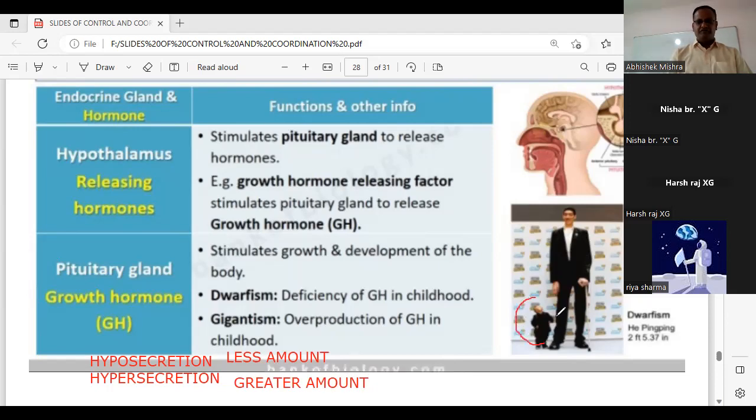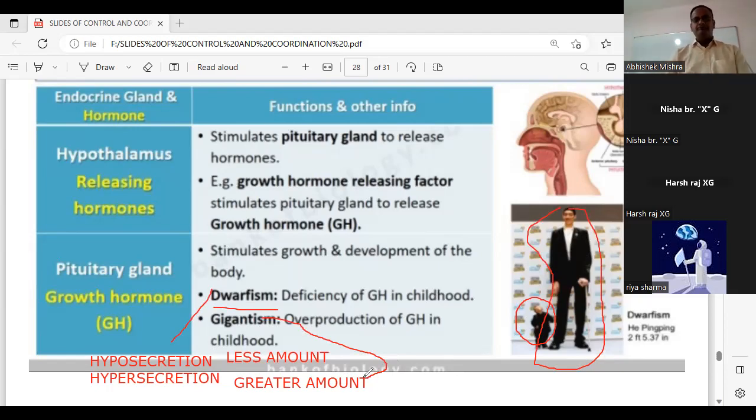And if there is hypersecretion of the growth hormone, that means secreted more and more, then the height of the person will be too much, and this condition is called gigantism. So hyposecretion of the growth hormone leads to dwarfism, and hypersecretion of the growth hormone leads to gigantism.